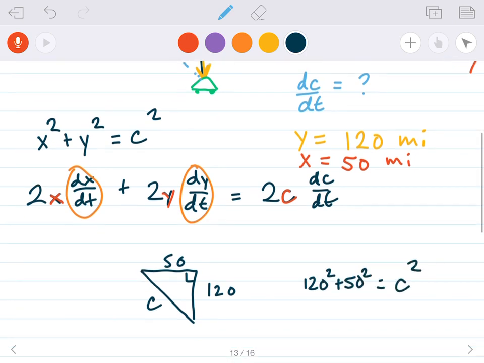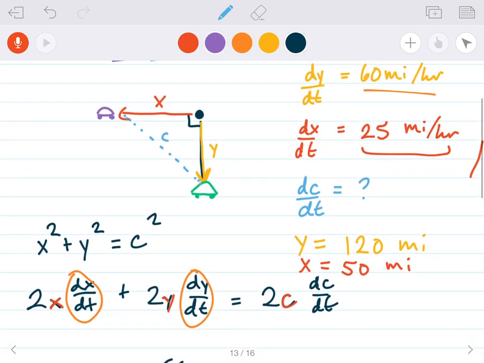So let's see what this is. Put this in the calculator. 120 squared plus 50 squared, square root of that. So we end up getting c equals 130 miles. Okay?